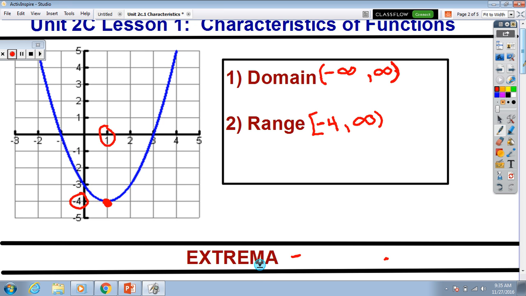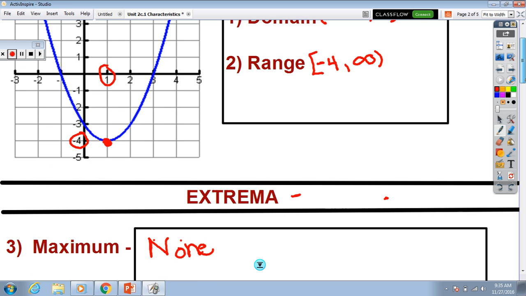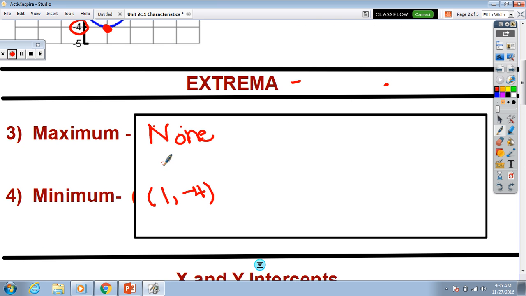So we'll write that together as our minimum point. So the minimum occurred at (1, -4). So notice that in order to have a max or a min, there has to be an obvious lowest or highest point on the graph. And if one does not exist, your answer is simply none.